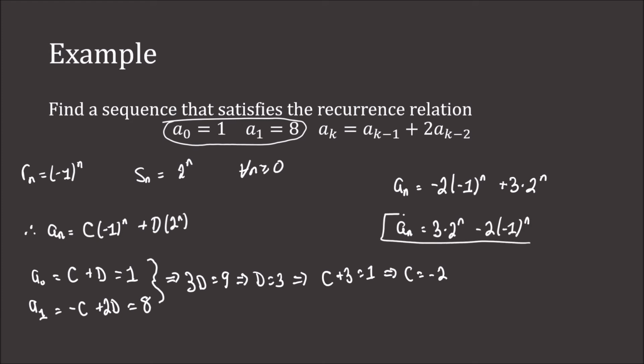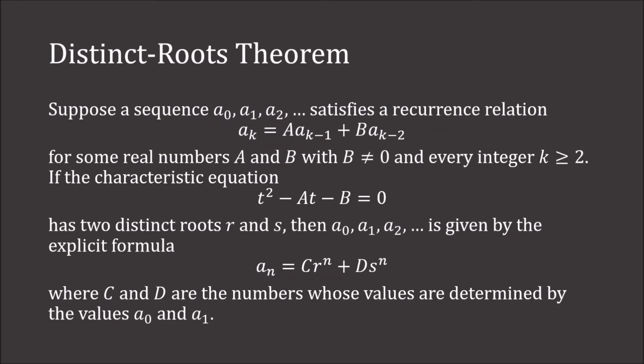And this would be our solution. There's no need to prove this, as the previous two lemmas have already proven that this is guaranteed to satisfy the recurrence relation. And so this is summarized in what's known as the distinct root theorem. The proof of this theorem follows directly from the previous two lemmas.